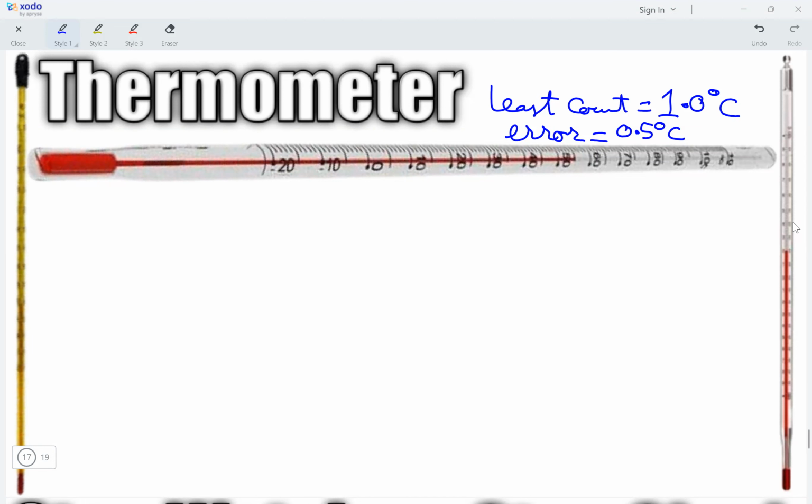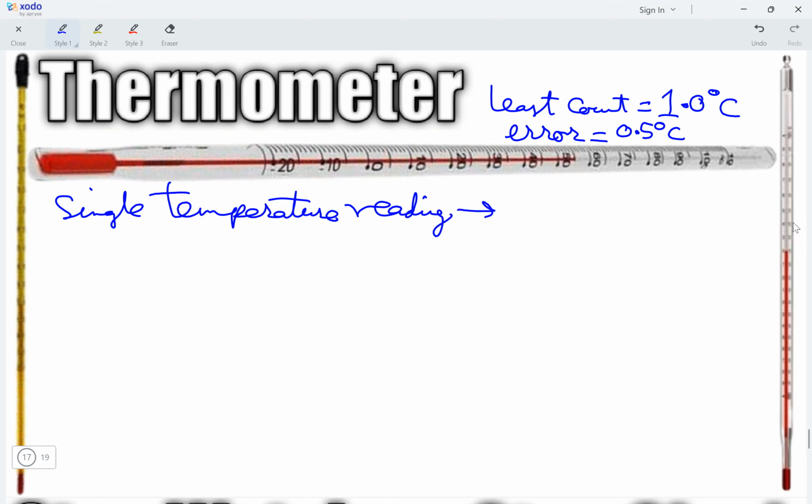If we are going to measure the temperature of a solution, then that would be called a single measurement. So the error for that measurement would be 0.5 degrees Celsius. So a single temperature reading would have an error of 0.5 degrees Celsius.